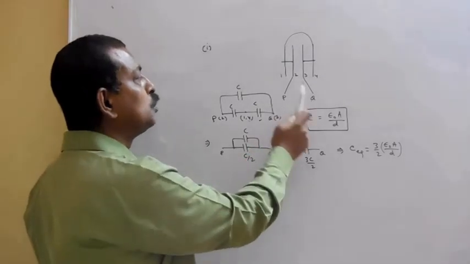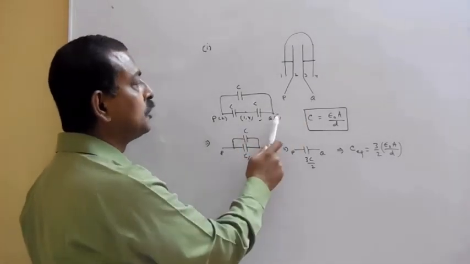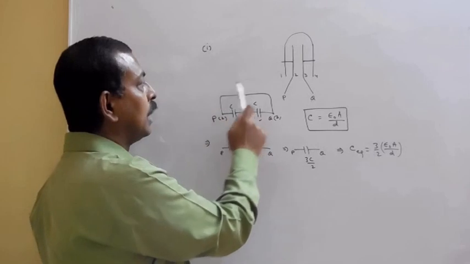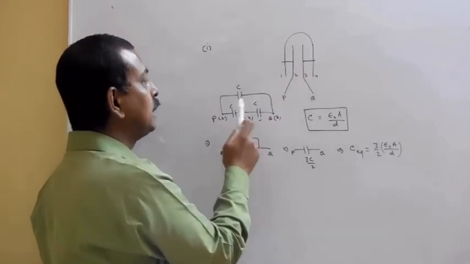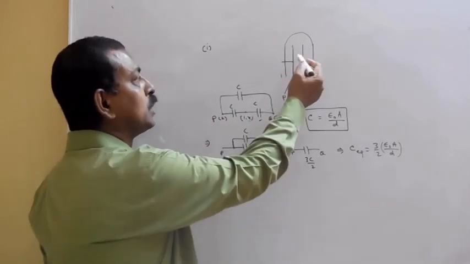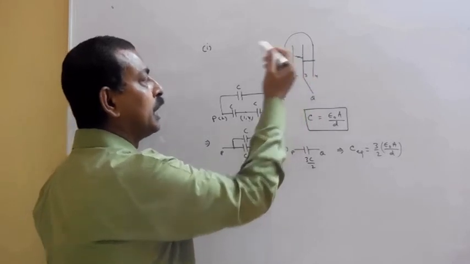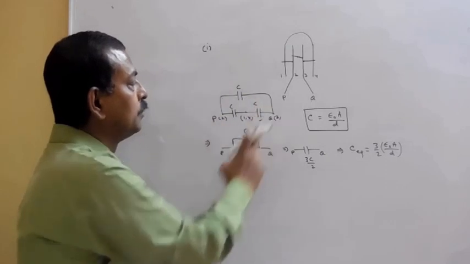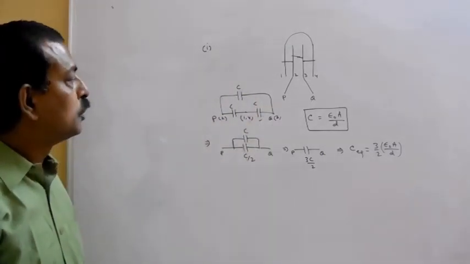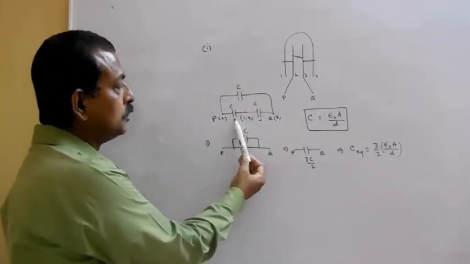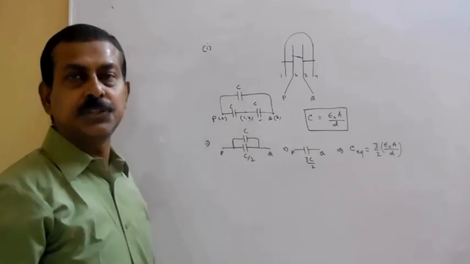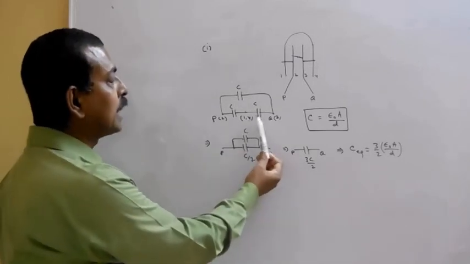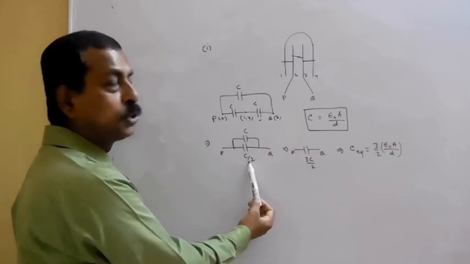And between P and Q, which is basically point 2 and 3, again we have one capacitor here, so it is C. So that means this capacitor also we have represented. Now, if you look at this particular circuit arrangement, you will find that these two capacitors are in series, so their equivalent capacitance will be C by 2.